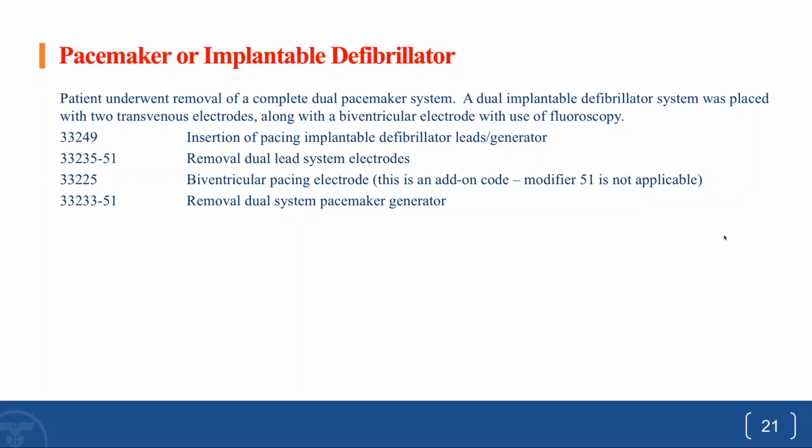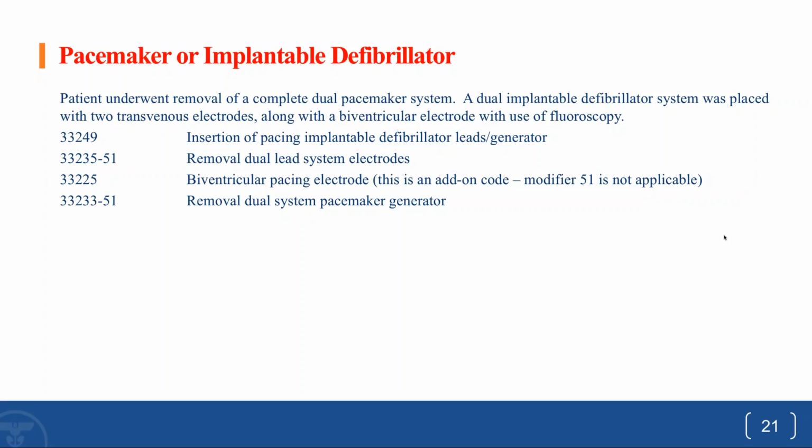The leads, because I said system, so you have to code for the pacemaker, and now the leads are going to be CPT code 33235. Make sure you highlight leads on page 195. And that says dual lead, it doesn't say single lead. That's how you get your 33235.